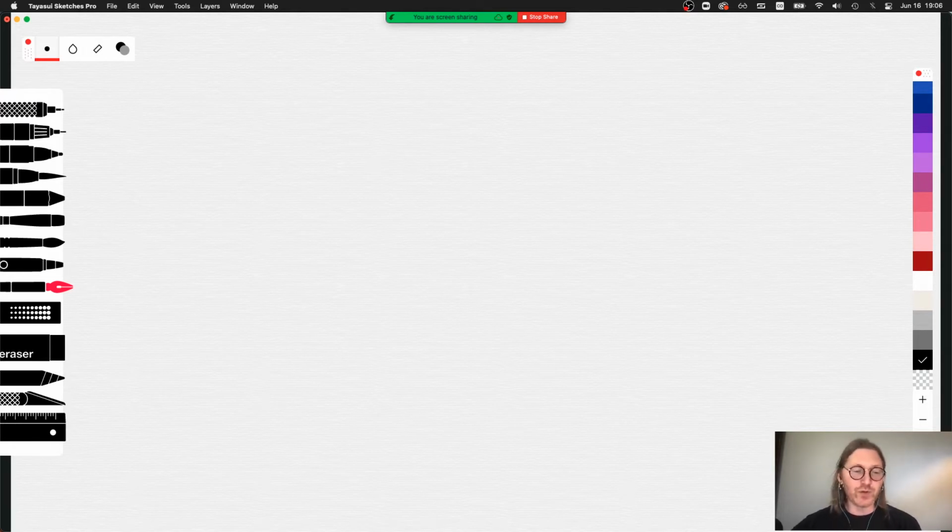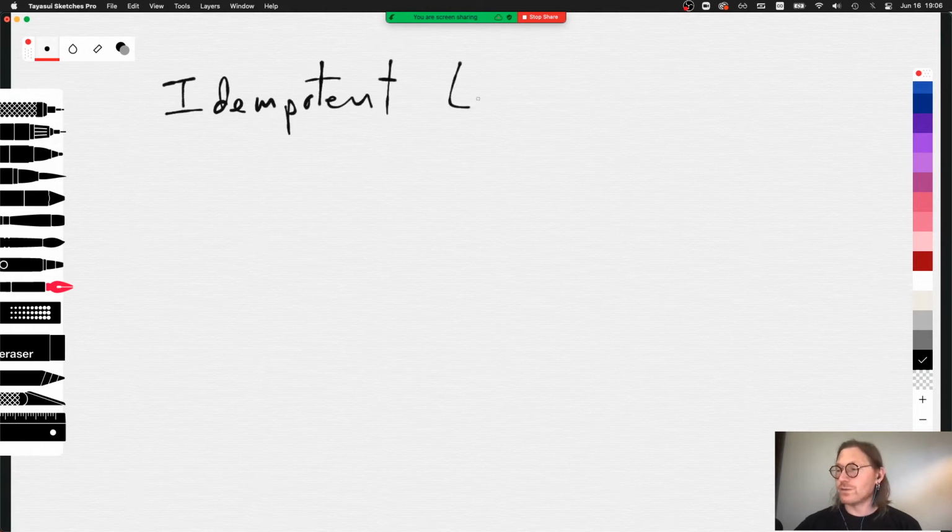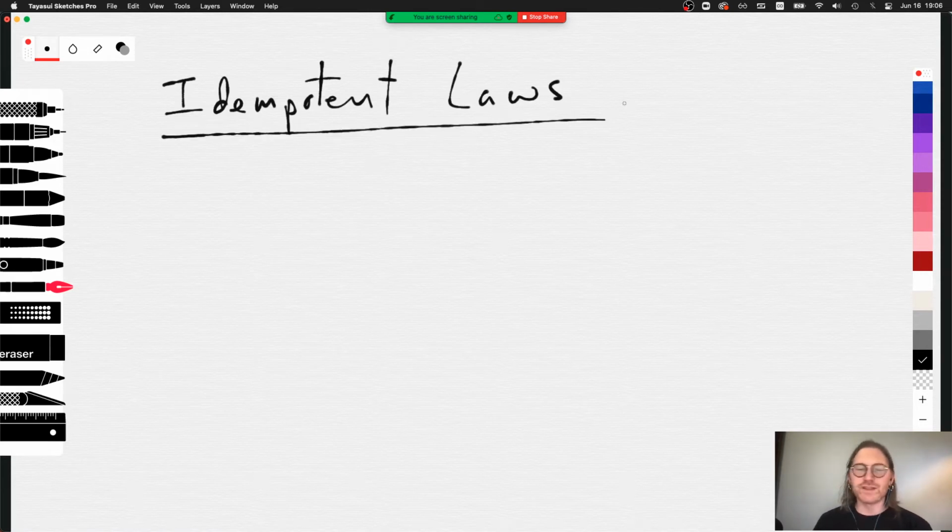Okay, so that was the distributive property. There's also this thing called the idempotent laws, and there are two that we're going to state here, but there are other things that I think of as being idempotent laws, but these are very straightforward.